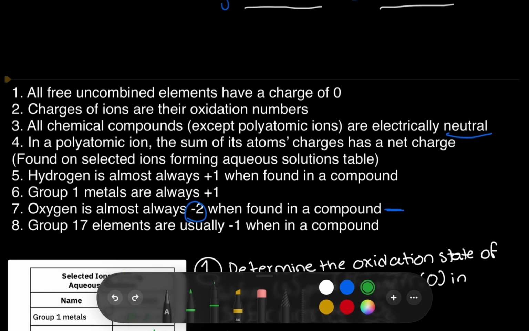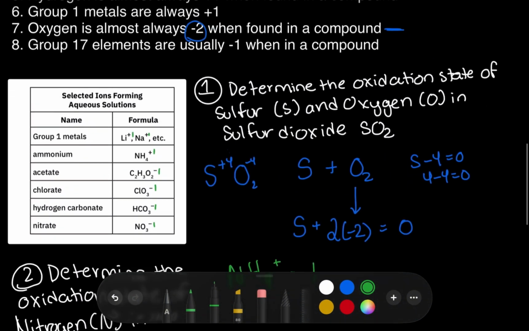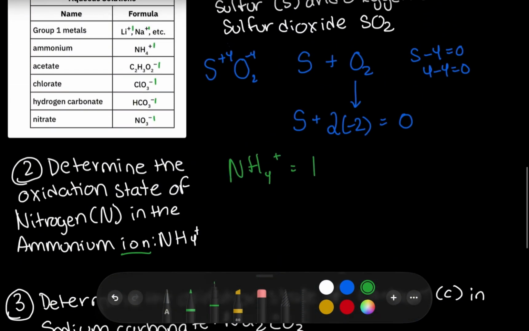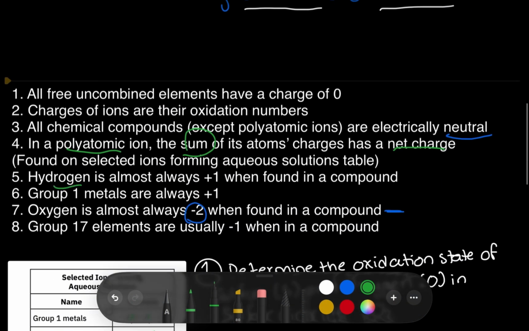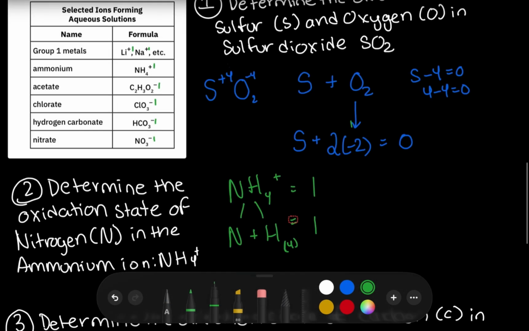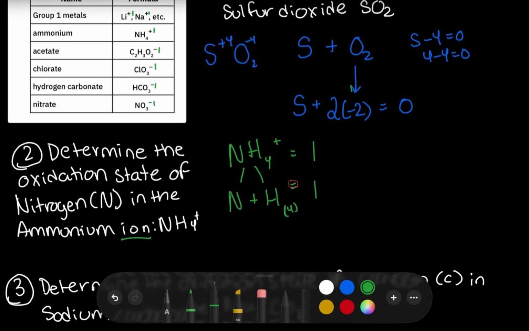Rule 4 says in a polyatomic ion, the sum of its atoms' charges equals the net charge, and that net charge is +1. So it's going to be equal to 1. So if we break this down, we have nitrogen and we have hydrogen. If you look at our rules again, it says that hydrogen is almost always +1 when found in a compound, meaning H is going to be +1.